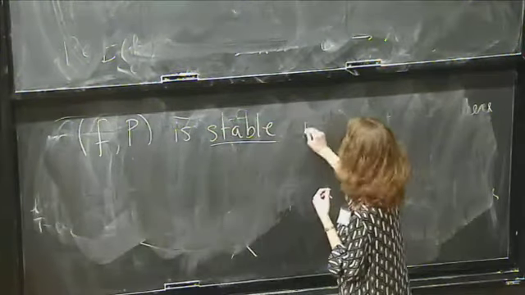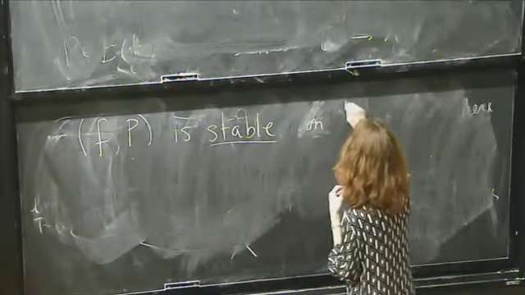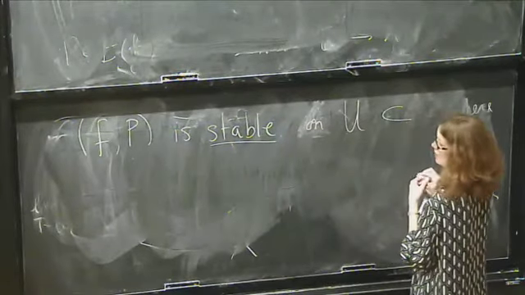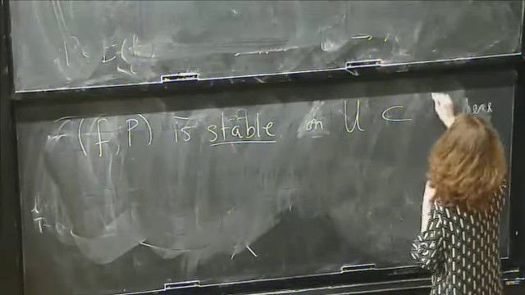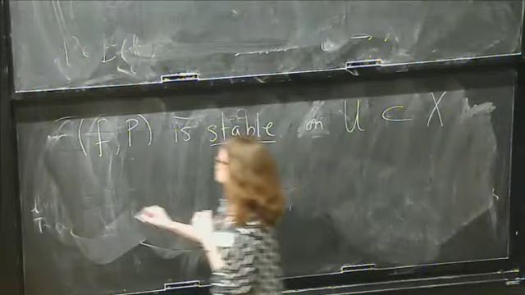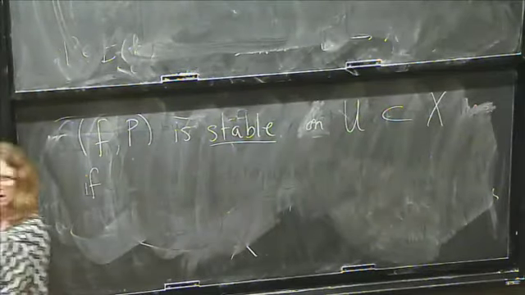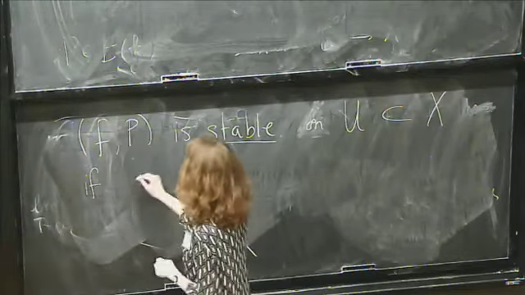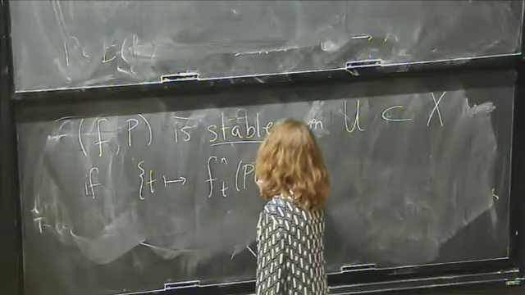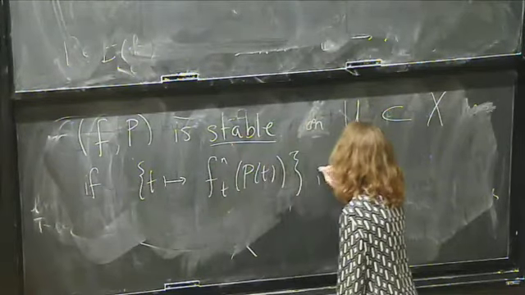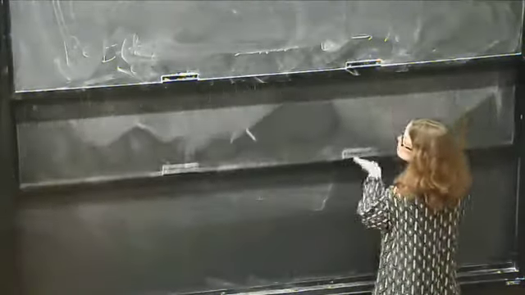The pair is stable if, on some open set U inside X, this sequence of functions, the iterates, is forming a normal family.